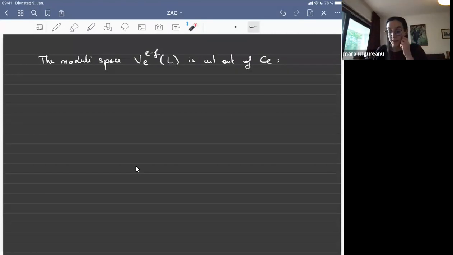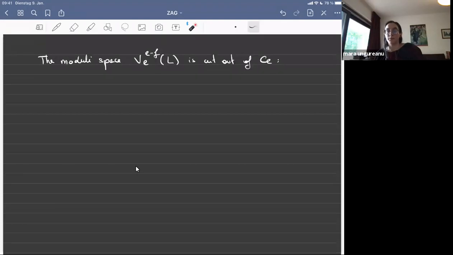So the idea is to cut out now the space of e-secant (e minus f minus 1)-planes to the curve embedded by this line bundle L. So this is why this L comes out.